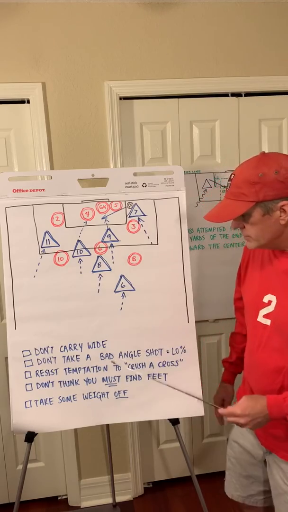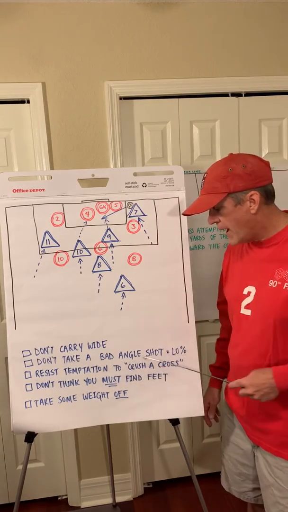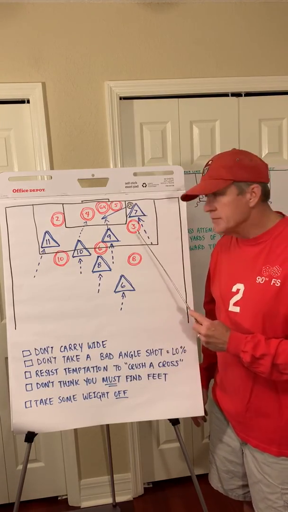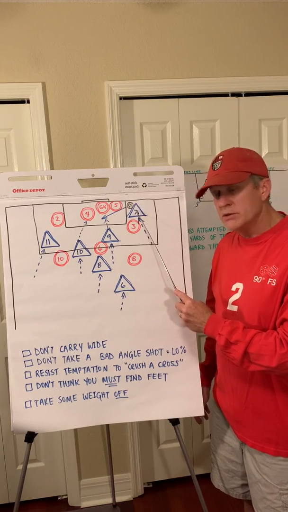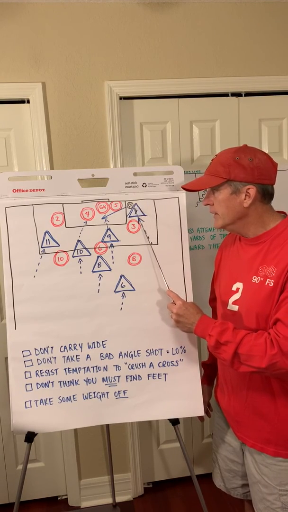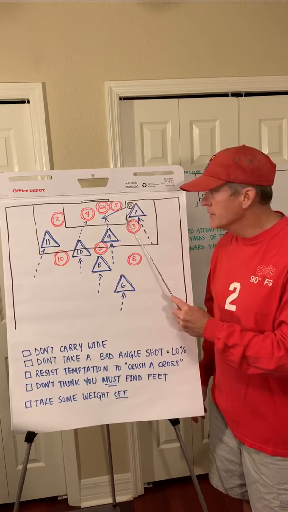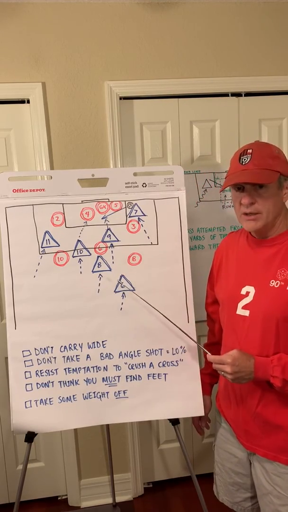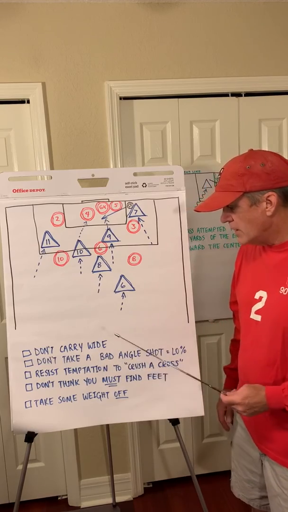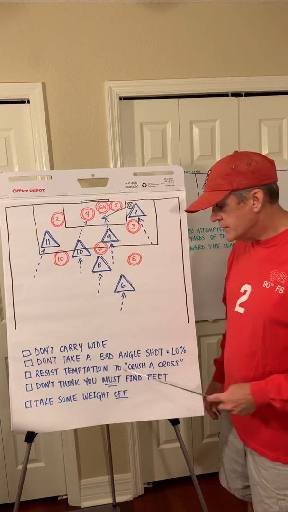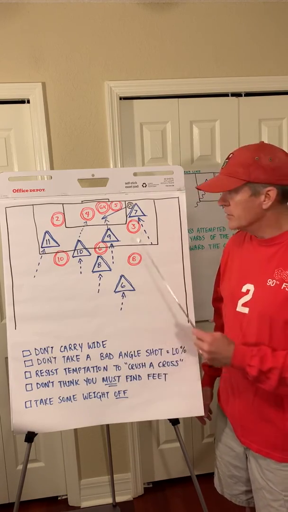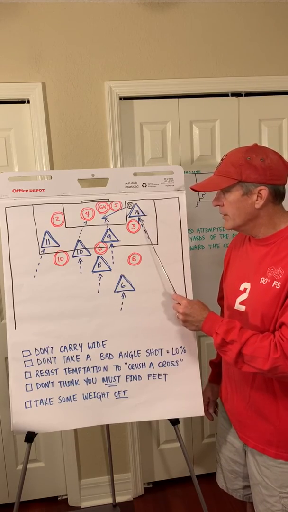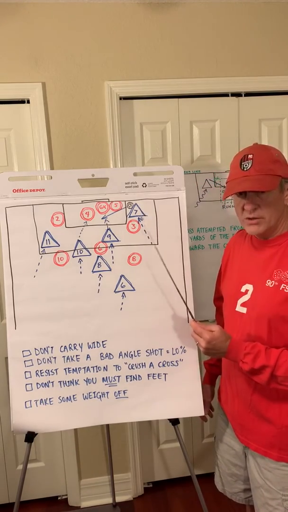So resist the temptation just to stay out wide because there's a lot of space. If they're going to give you better space to the inside, take it. Okay. Number 2, don't take a bad angle shot. A lot of times we get the ball in this position, or we actually carry along the end line, and then what we try to do is take a really bad angle shot. That's a pretty low percentage shot, so resist that temptation. Another thing, resist the temptation to just crush across. A lot of times we get the ball in here, we think, oh, I need to crush the ball.